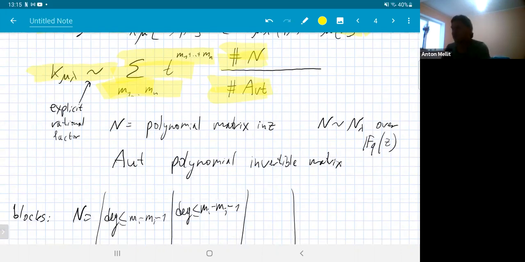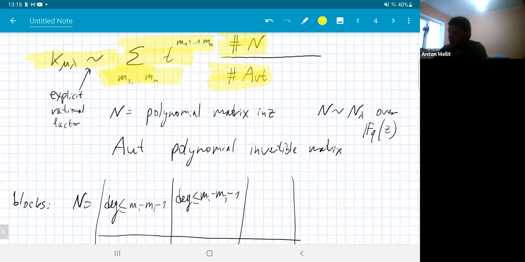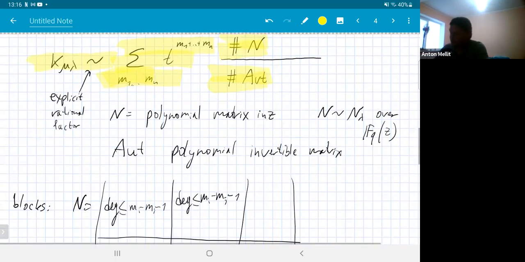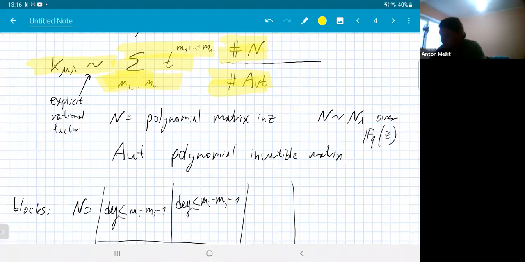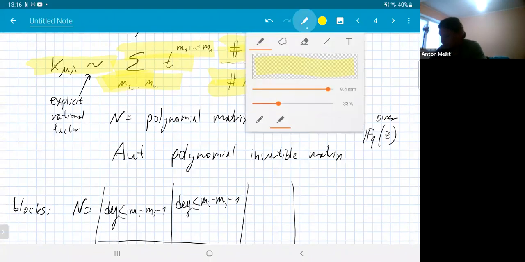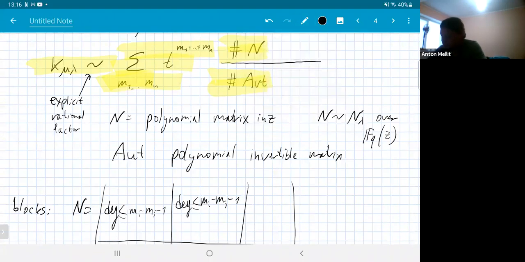More geometrically, you can say there are some vector bundles on P1, and you count the morphisms of those vector bundles. But explicitly it is as follows. The mi's are non-negative integers, and t is always raised to the sum of the mi's.